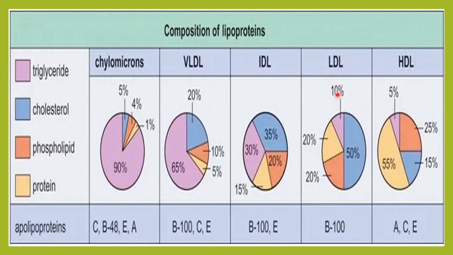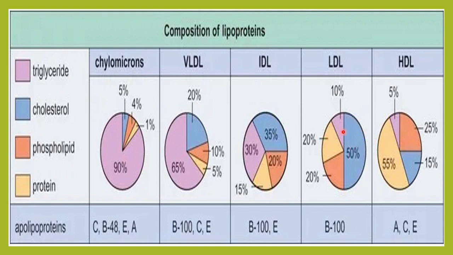In low density lipoprotein, you will see that almost 50% of it is cholesterol. So this LDL is going to load your cells with cholesterol, and if it loads them with cholesterol, there are chances that it can also cause inflammation. It is made up of 50% cholesterol, around 10% triglyceride, 20% phospholipid, and 20% protein.